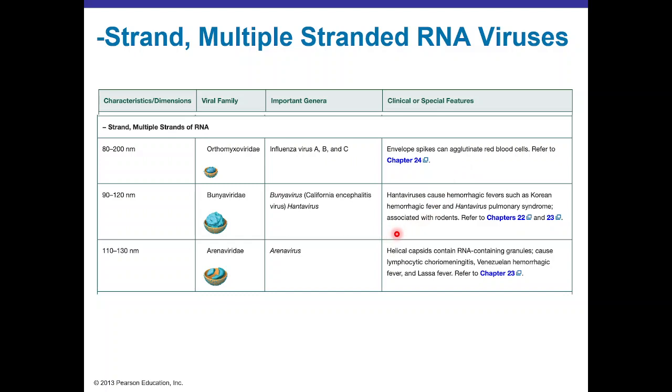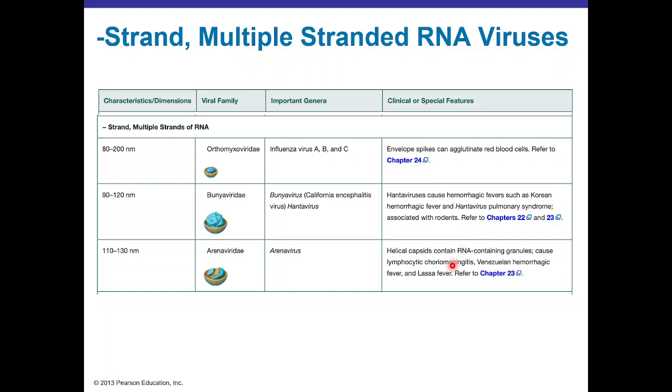For Bunyaviridae, we have California encephalitis and hantavirus, which causes hemorrhagic fever. This hantavirus is known to be transmitted by rodents in their feces or urine. So whenever someone ingests this virus, perhaps by drinking from a can contaminated with feces or urine, they will develop pulmonary syndrome.